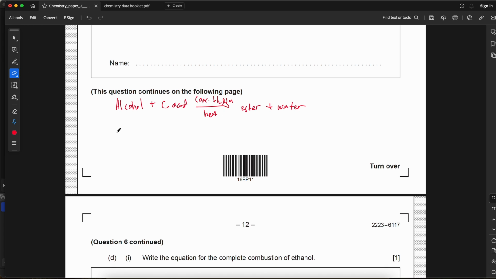So alcohol, ethanol, okay, let me just make it easier for you to see for the ethanol. Okay, react with methanoic acid.